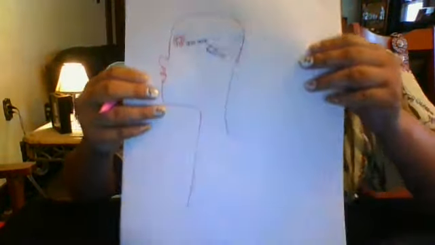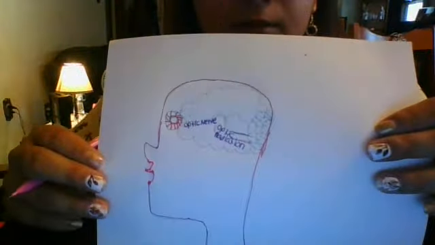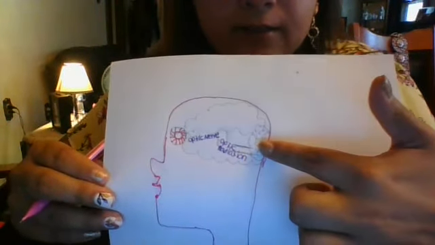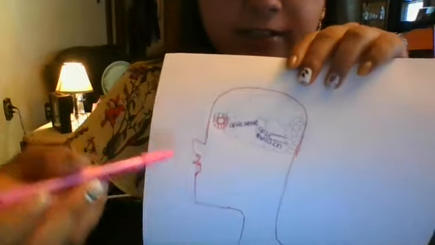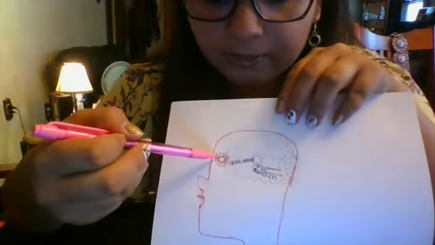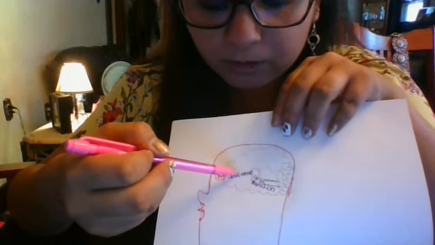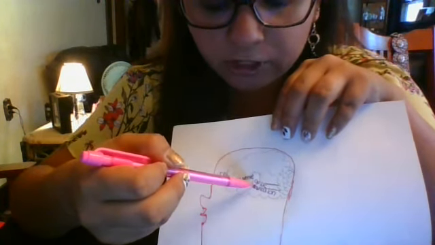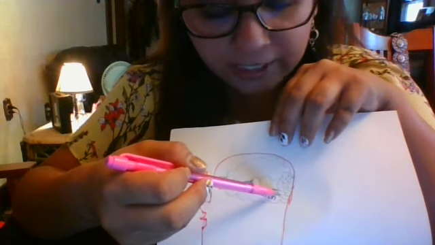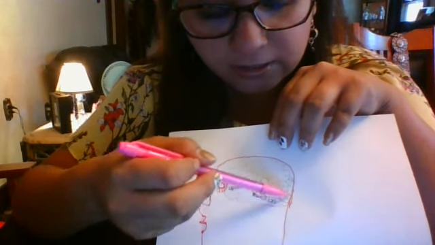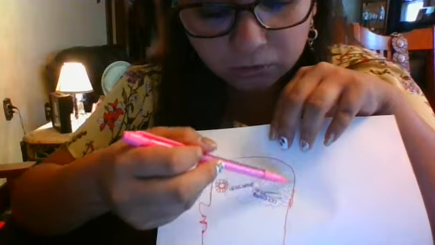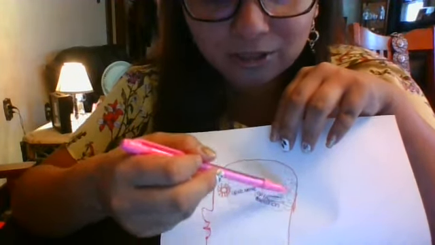So there's the eye, the optic nerve, which is in the temporal lobe, then travels to the optic radiation, which then travels into the occipital lobe.